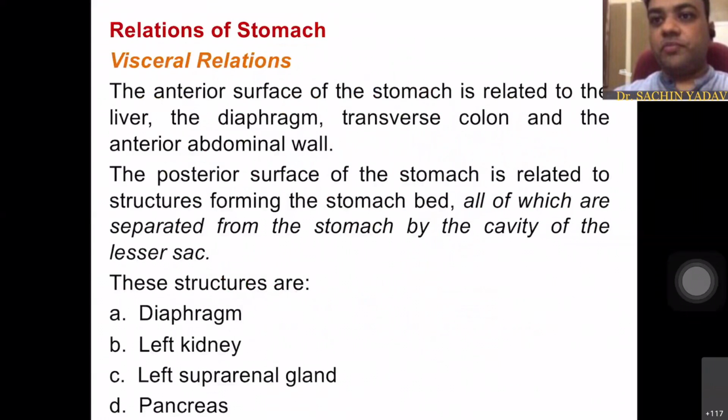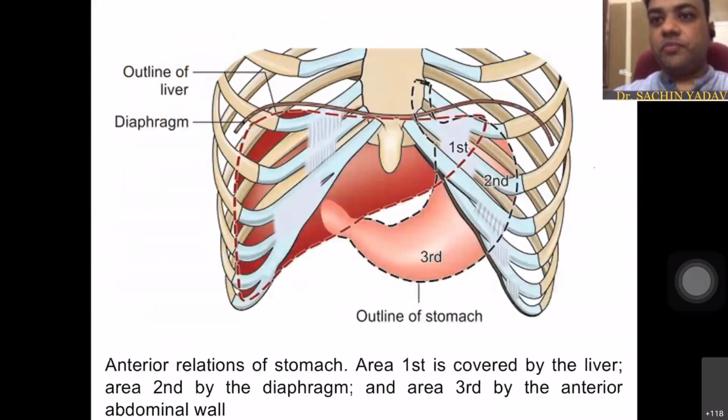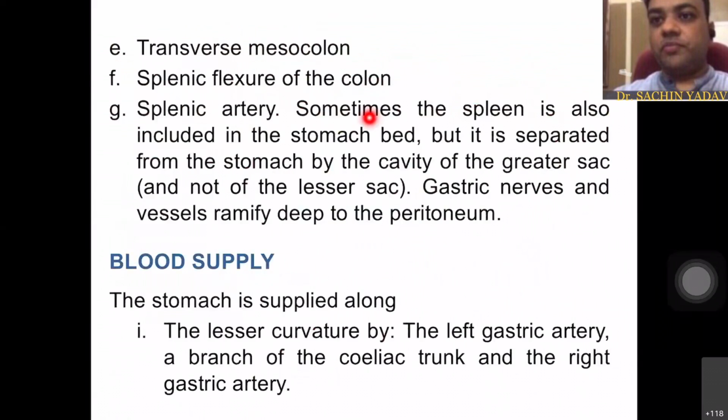Again, I will repeat. The structures forming the stomach bed: diaphragm, left kidney, left suprarenal gland, pancreas, transverse mesocolon, splenic flexure of the colon. It means the transverse colon has two bends.